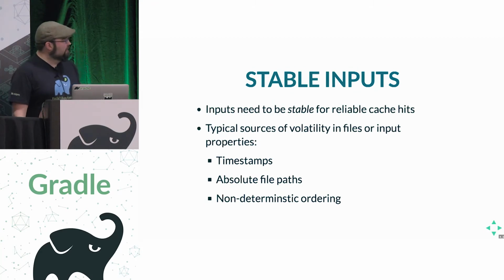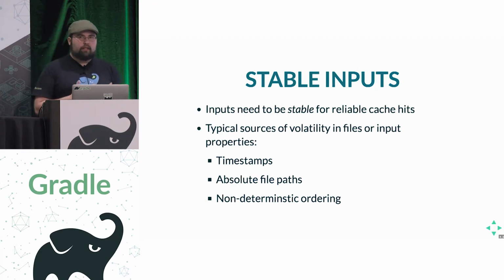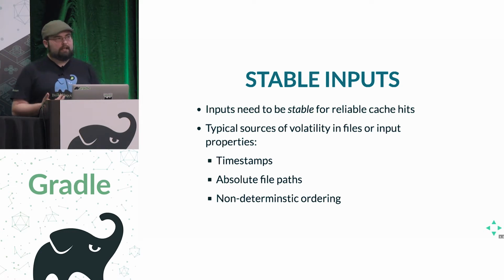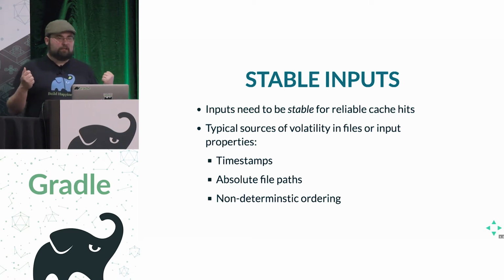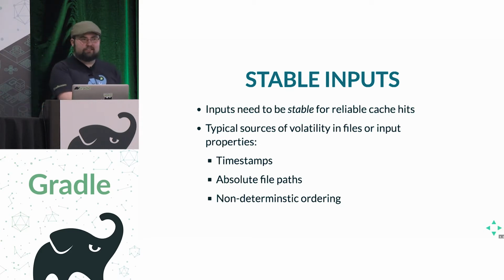Another important thing is stable inputs. The inputs to the tasks that you want to make cacheable need to not be influenced by things like the time. Time shouldn't be an input to your task, because what does it mean for the output of my task to depend on it being 12 o'clock? That doesn't make any sense.